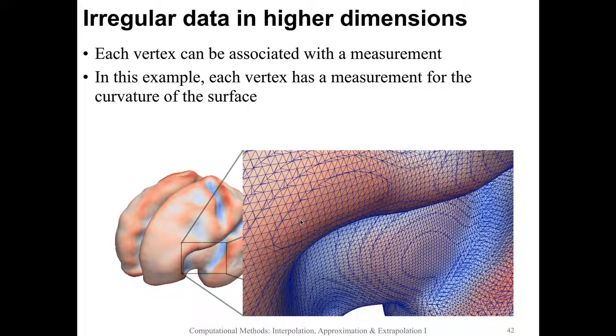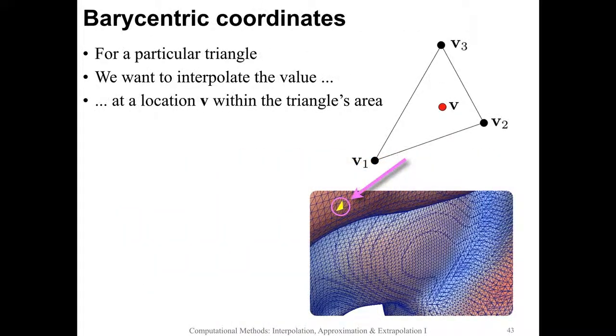Now, if we want to carry out interpolation, we would need to drill down and look even more closely at this surface, and we want to focus in on a particular individual triangle. That individual triangle, as we've said, is represented by three vertices, V1, V2, and V3. And what does interpolation mean in this case?